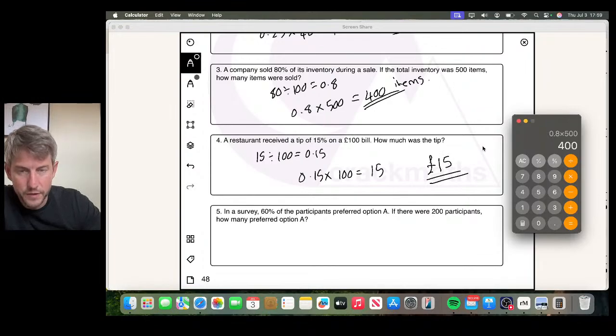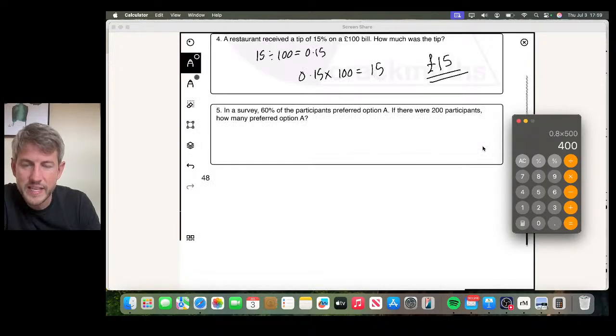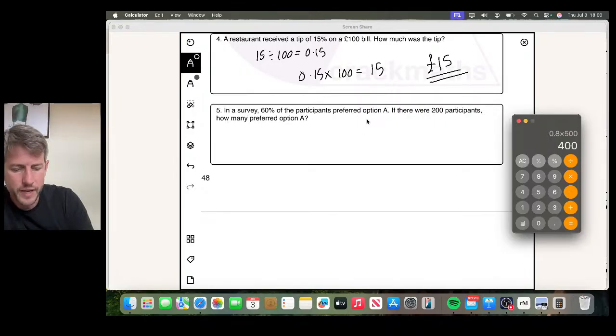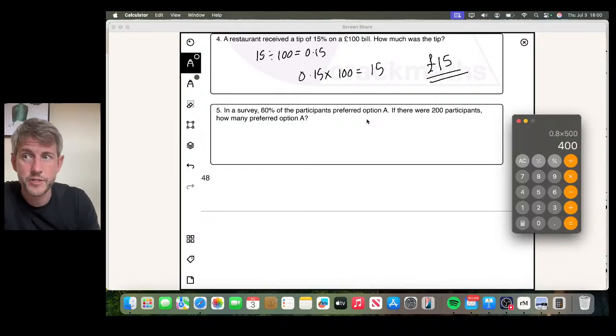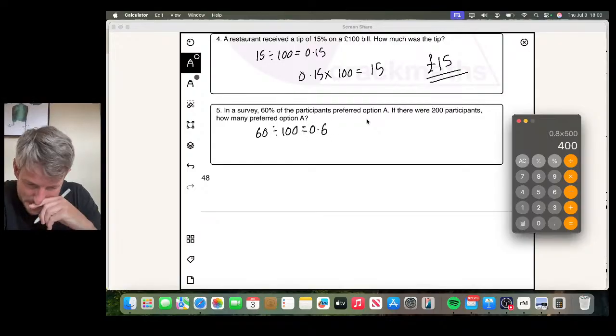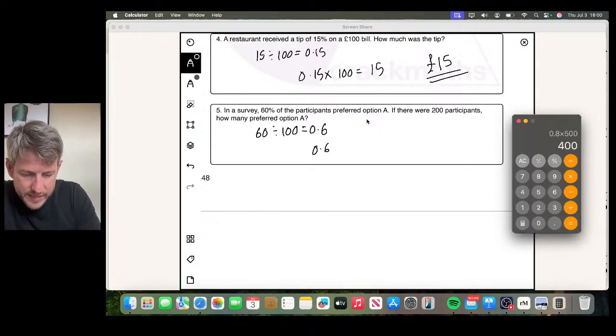Okay, question 5. And here we go. It says, in a survey, 60% of the participants preferred option A. If there were 200 participants, how many preferred option A? Okay, so we want 60% of 200. So we're going to do 60 divided by 100 equals 0.6. 0.6 multiplied by 200.